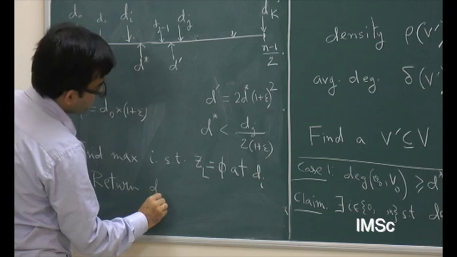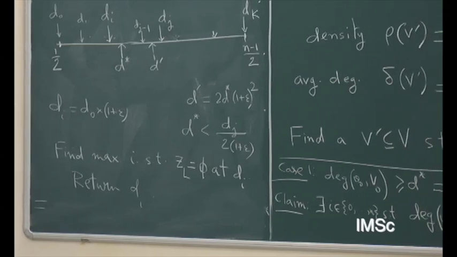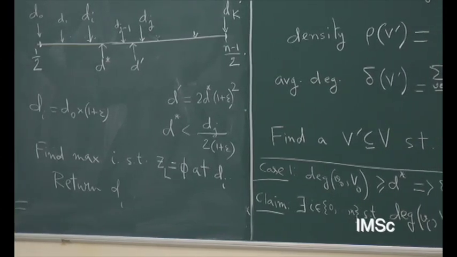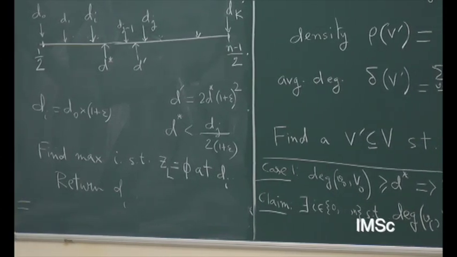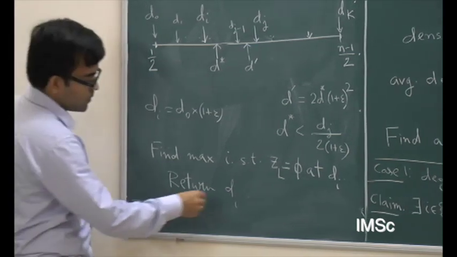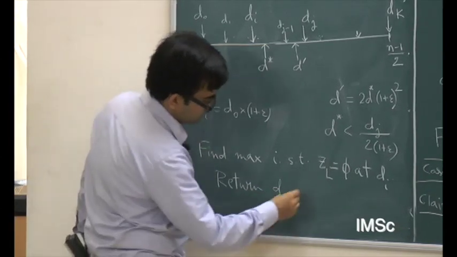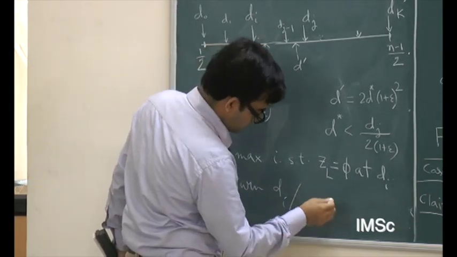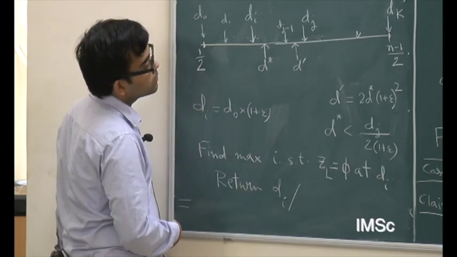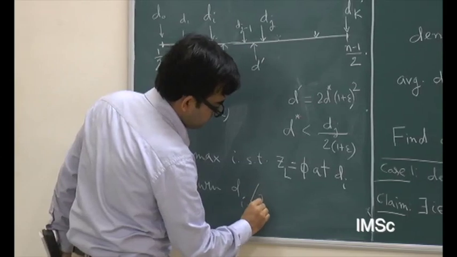Just return di. But this won't be d star, this might be greater than d star, right? Because we don't know what happens in between. Correct. So this is a 2 into 1 plus epsilon squared. Yes. Return di divided by this quantity.